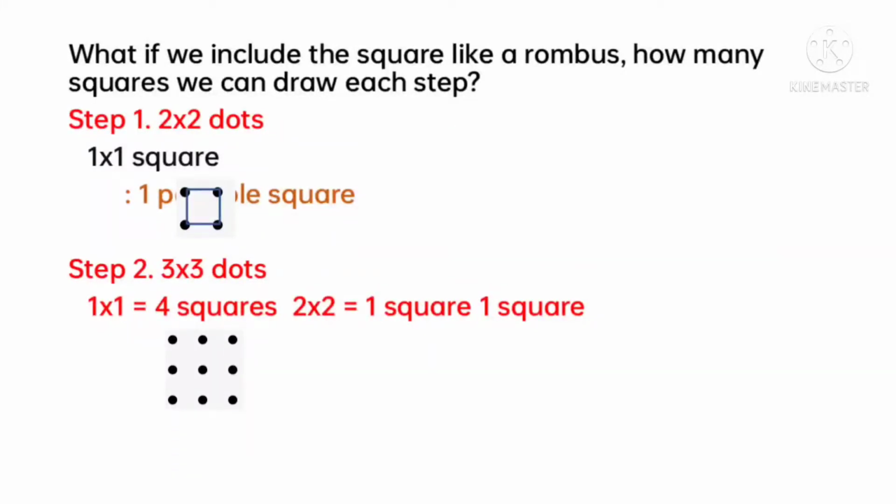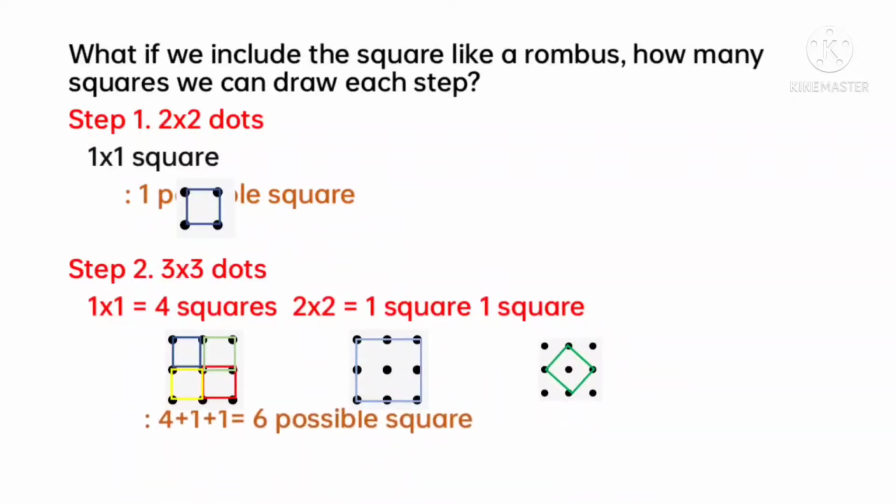Sa 2 by 2 is 1 square, then sa unknown pa yung size niya is isang square din. Ito siya. So, the possible squares that we can draw from it is 4 plus 1 plus 1 is equal to 6 possible squares. So, next step is 4 by 4 dots.